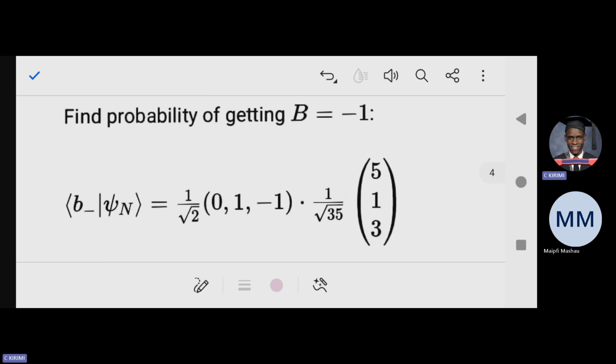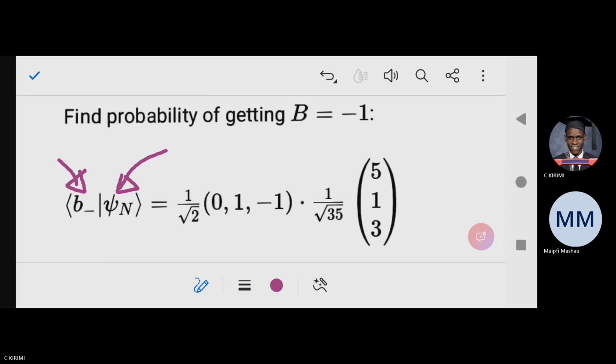We have the normalized vector, and then we dot the one for B negative 1. So this is a vector for B negative 1, and then the dot product with the one that we calculated, the normalized vector that we were given from the beginning, the normalized psi vector.